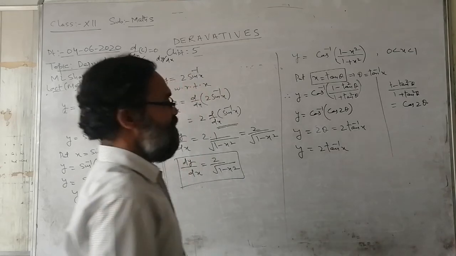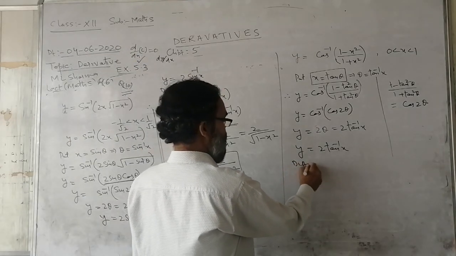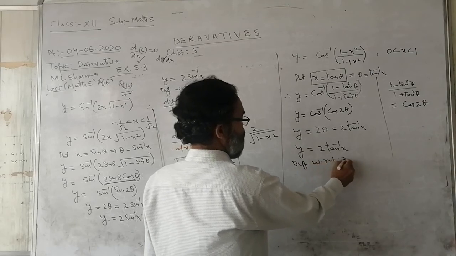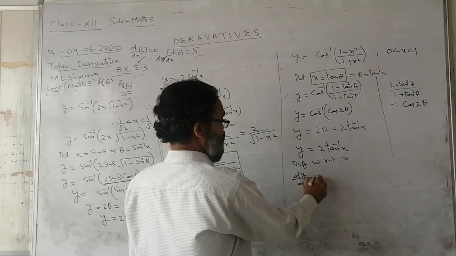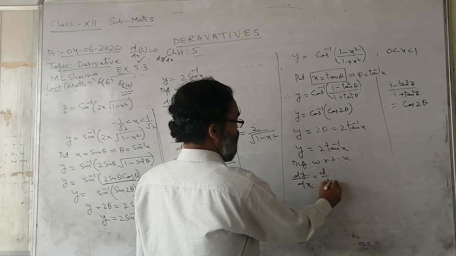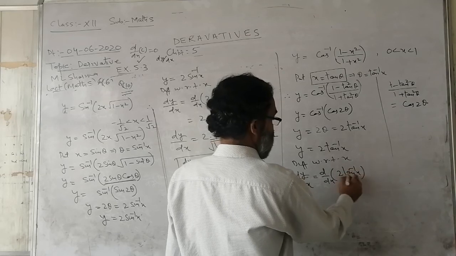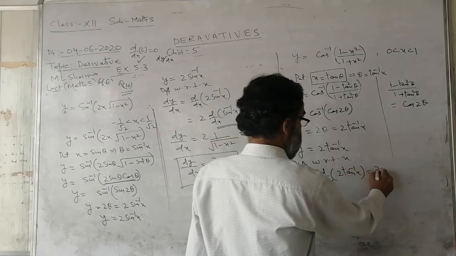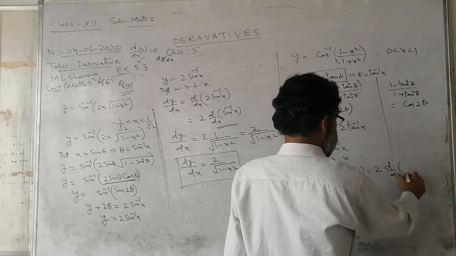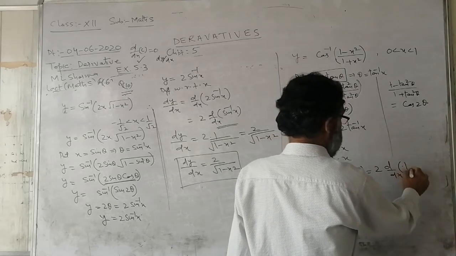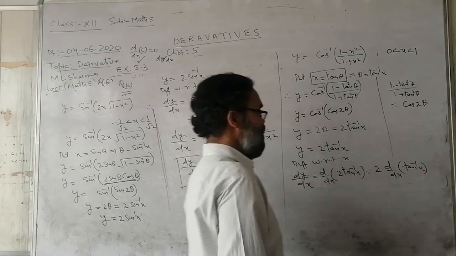So I have to find the value of dy upon dx. So differentiate both sides. Dy upon dx will equal to d upon dx of 2 times tangent inverse x. So you can take 2 common outside. Here inside I will be left with tangent inverse x.